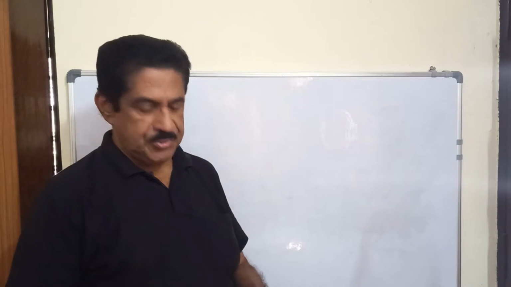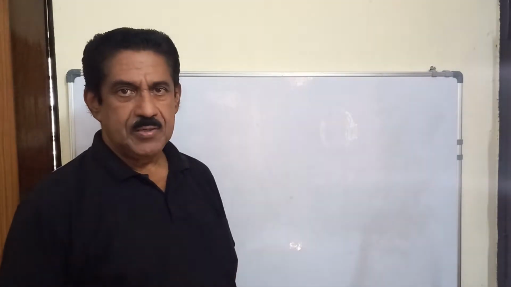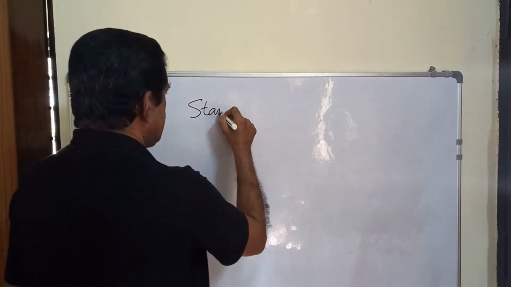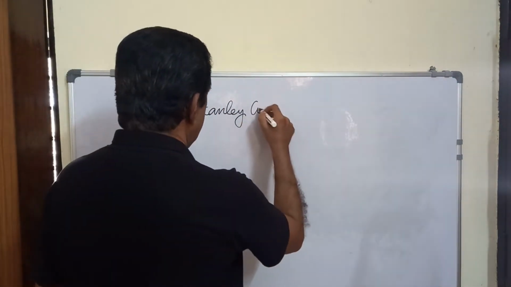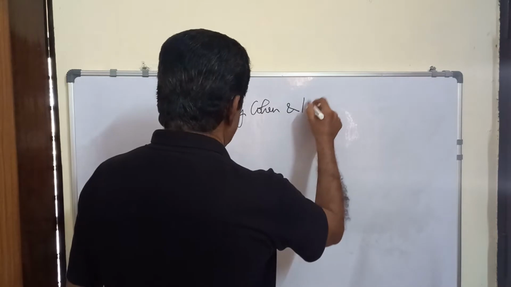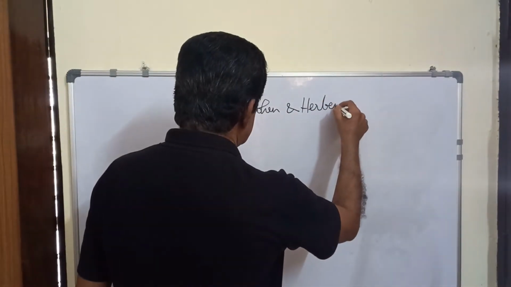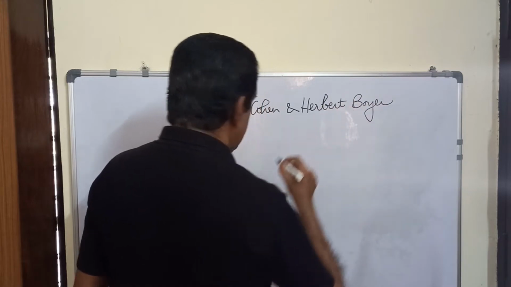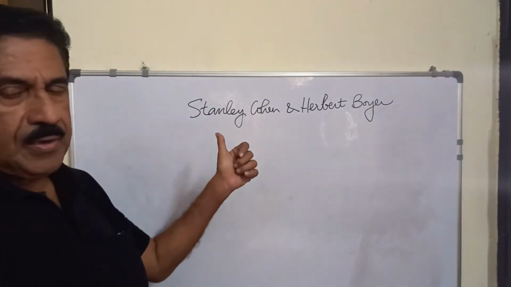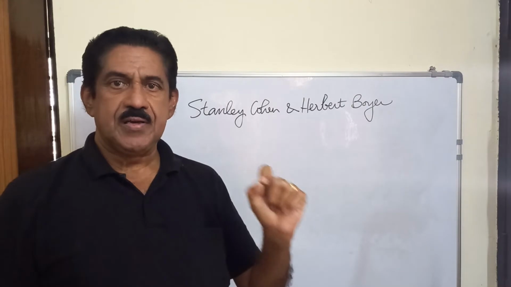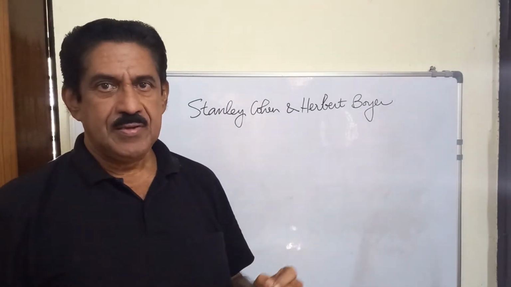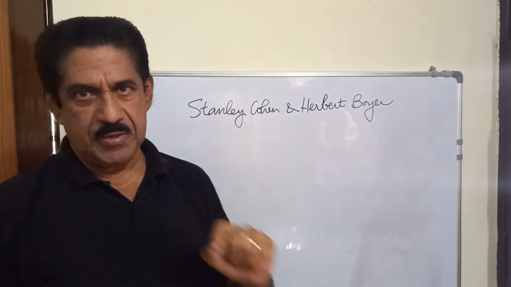Recombinant DNA technology was invented by two scientists, Stanley Cohen and Herbert Boyer. They created the first genetically modified organism, which was a genetically modified E. coli. So let us look at their experiment.